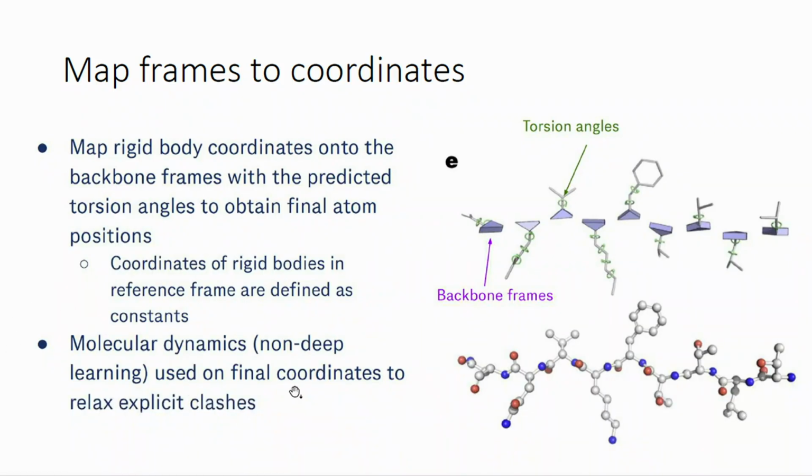So an additional step that I want to mention here is that after we get the coordinates, we actually have a refinement step where we run some molecular dynamics models that try to refine the models a little bit.